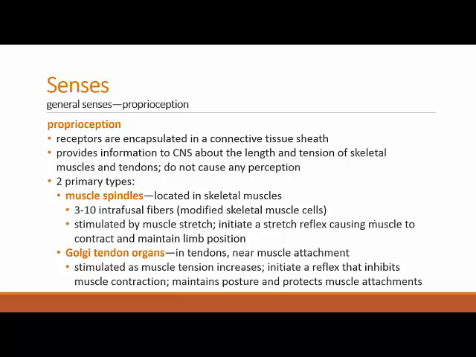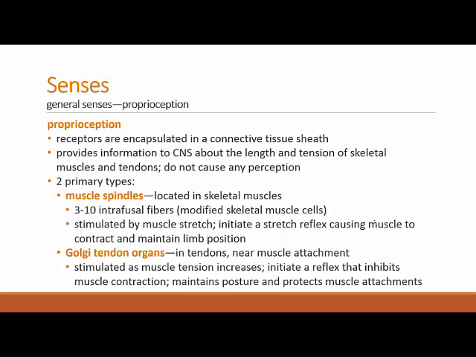And they are stimulated by stretch in the muscle. And what they generally do is stimulate a stretch reflex, which causes then contraction. And this helps to maintain limb position, maintain body posture. So we see these muscle spindles involved heavily in reflexive maintenance of body posture.